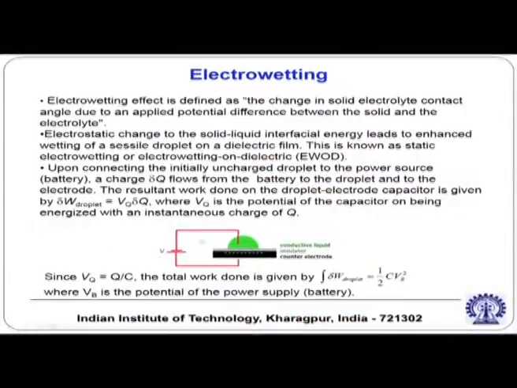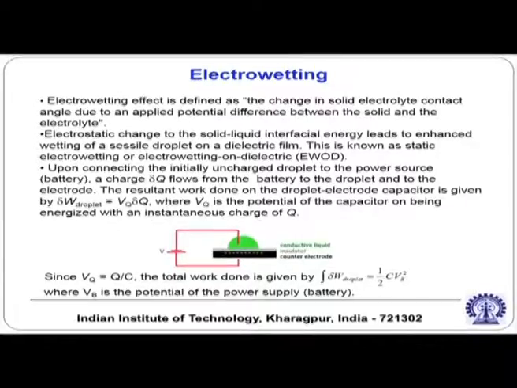Now you apply a voltage across the system; you can see that the voltage V is applied. Upon connecting the initially uncharged droplet to the power source, which is a battery, a charge delta Q flows from the battery to the droplet and then to the electrode.